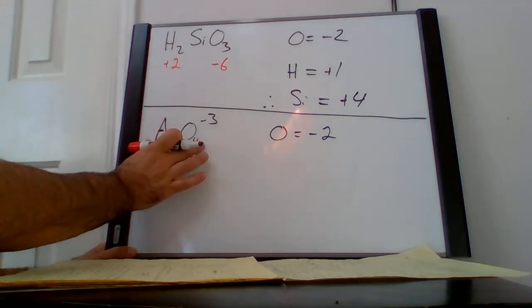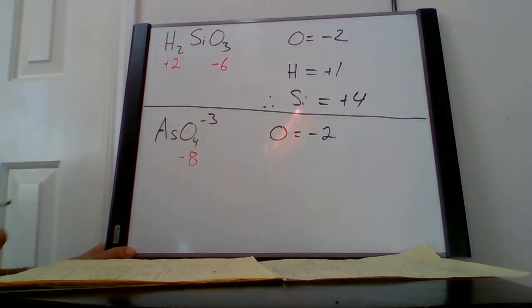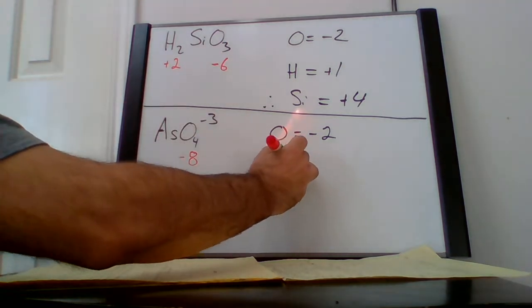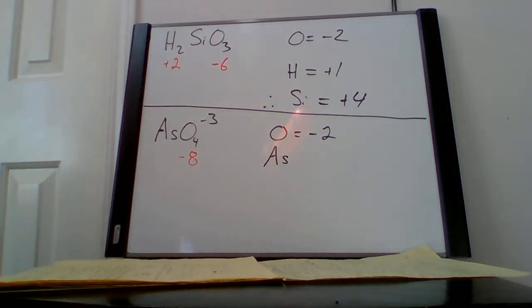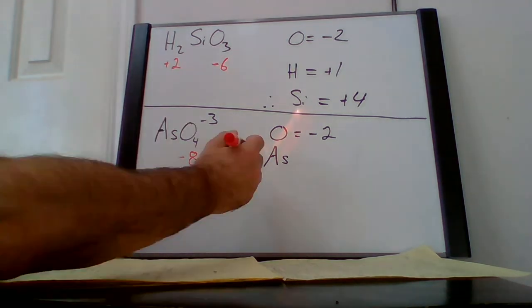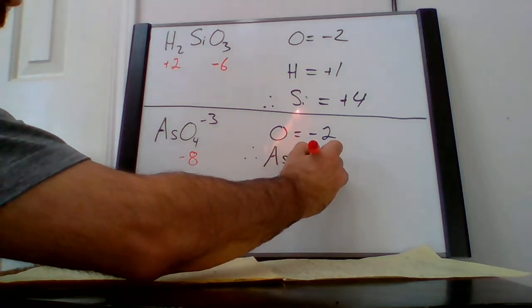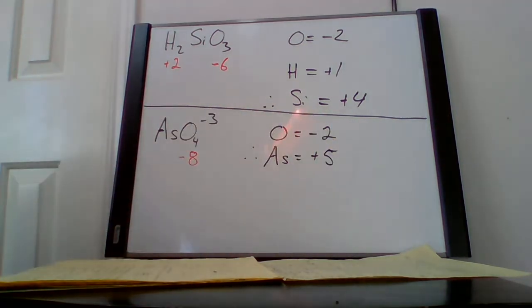This is an ionic compound with a charge of -3, so my arsenic has to have an oxidation number that balances this out. If I have -8 on my oxygen and my total has to be -3, then I have a +5 oxidation state for my arsenic.